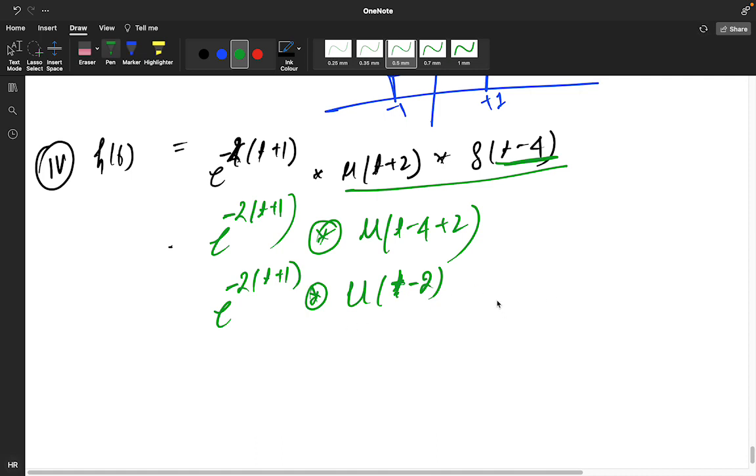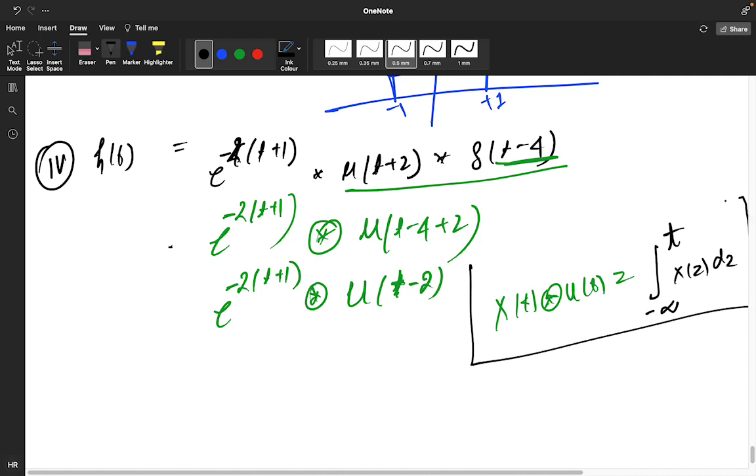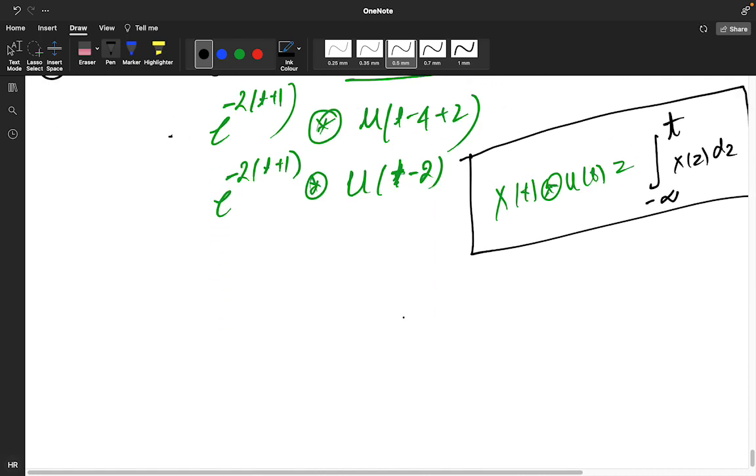Now x of t convolved with u of t, the property I told you, is the integration from minus infinity to t of x of tau d tau. This is the property if the step function convolution is there.